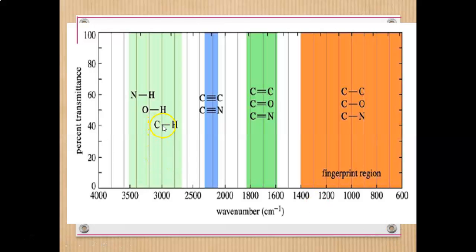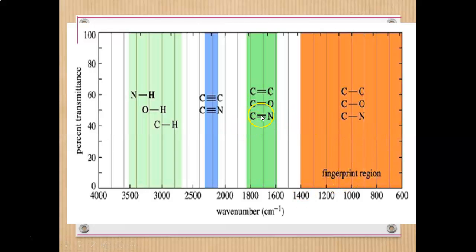You can see that this one is alkane CH. CH stretch has a wave number around 2400, and we have the CH3 band at the fingerprint region, which is less than 1400. We also have a CH2 right here.